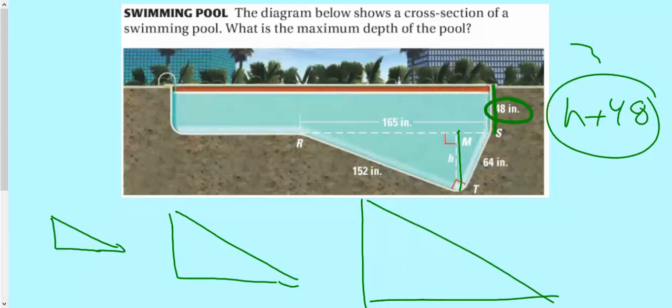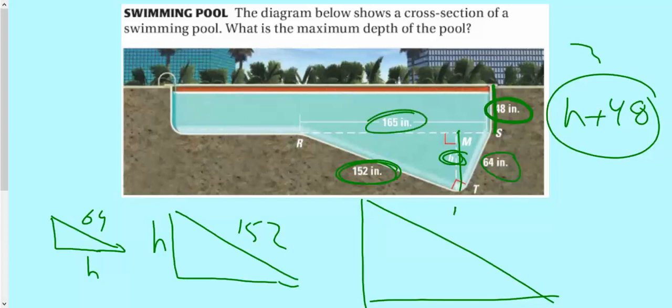I'm going to start with my little one. I have 64 as the hypotenuse, and I have H as the longer leg. That's all I have there. And I look at the medium one. I have 152 as the hypotenuse, and H as the small leg. And then if I look at the large one, I have 165 as the hypotenuse, the longer leg is 152, and the shorter leg is 64.